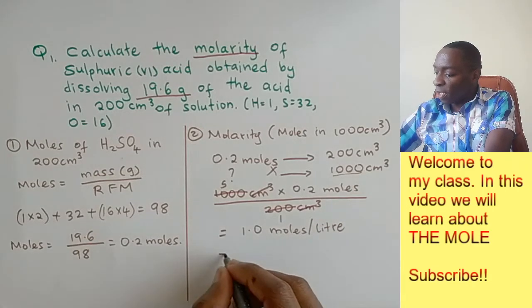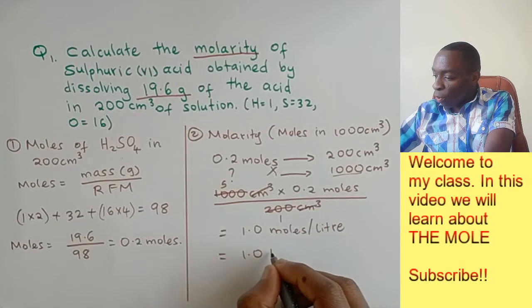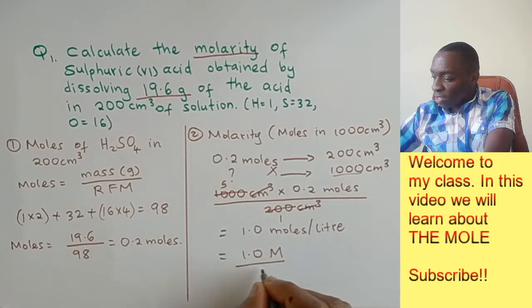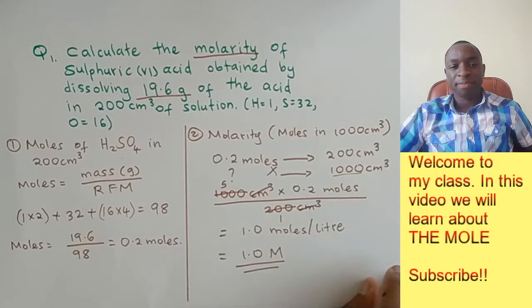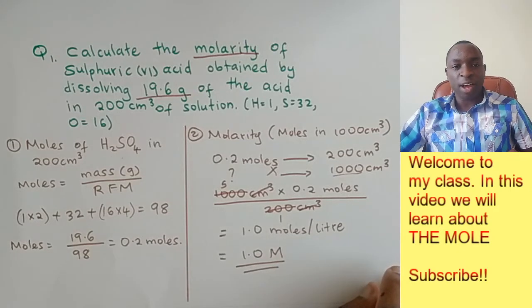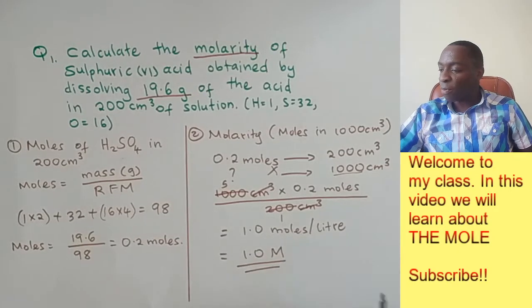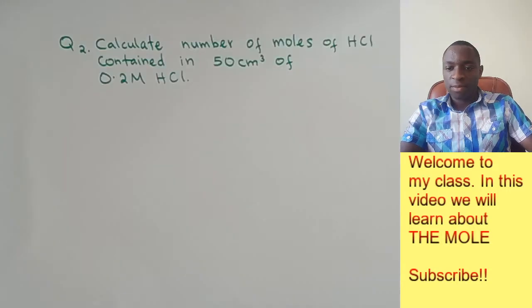So this can also be written as 1.0 with a capital M to show us that this is moles per liter. So that is the first one on how to calculate, and you are converting now between the number of moles and molarity. So let's head to the second one.